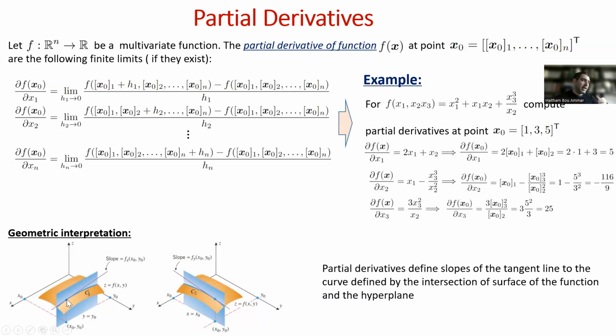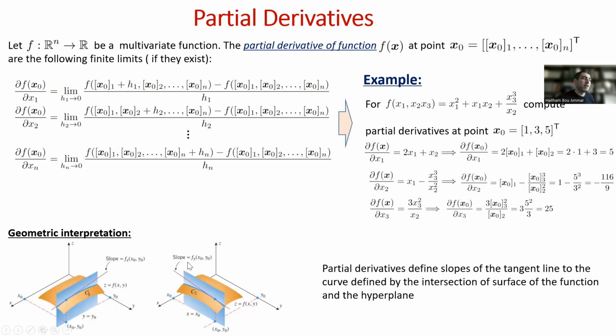And then you can apply the same geometry when you compute the derivative of that univariate function at x0. It will be nothing but the slope of the tangent line to that univariate function at the point x0, y0, and that will be the geometrical interpretation of the first partial derivative, the partial derivative with respect to the first component x.